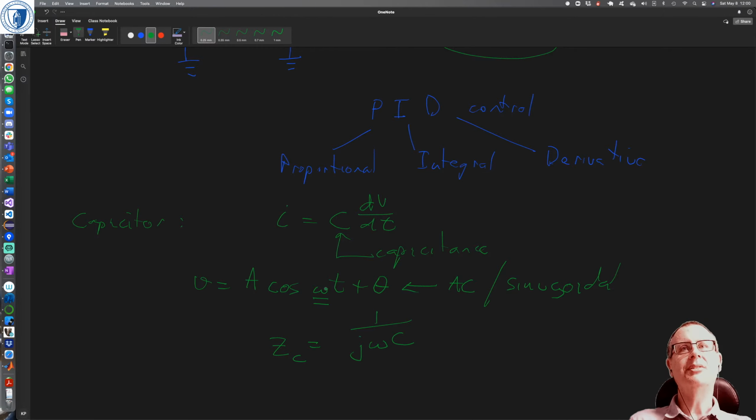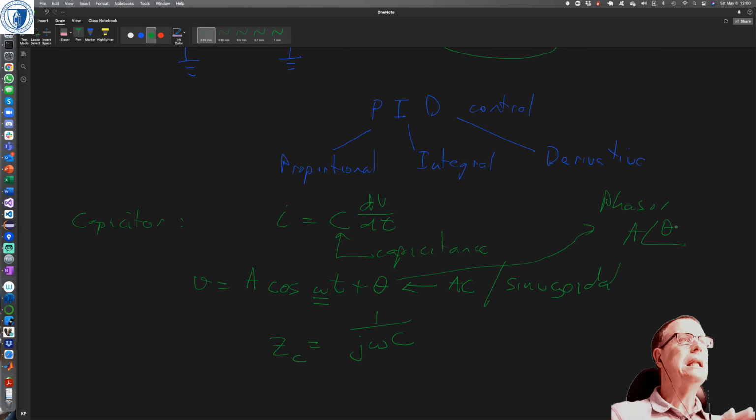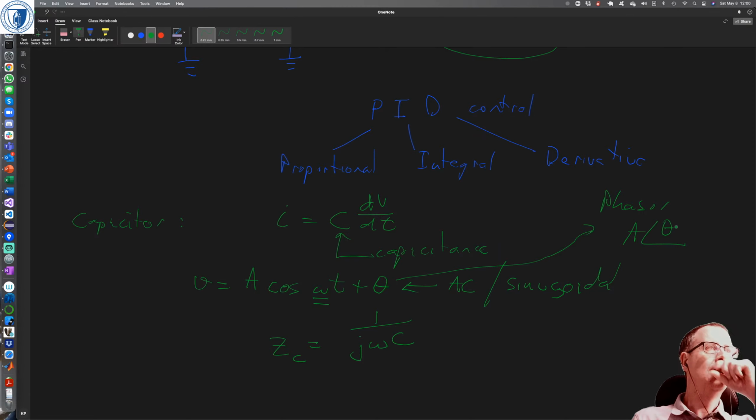And remember, as a phasor, the way we write that is just A angle theta. We hide the fact that we're running at frequency omega.